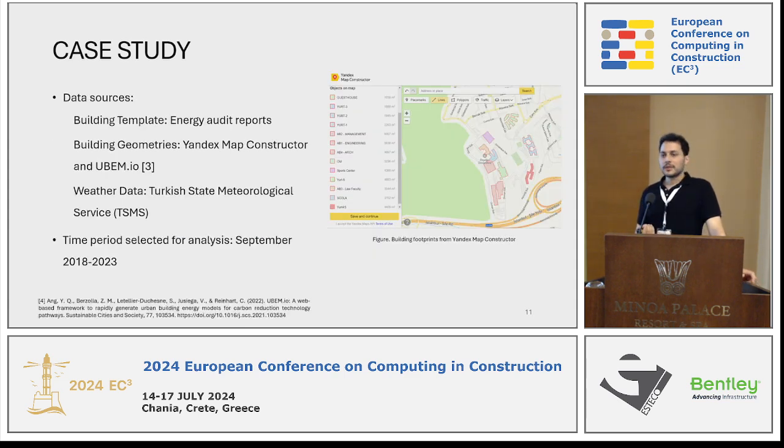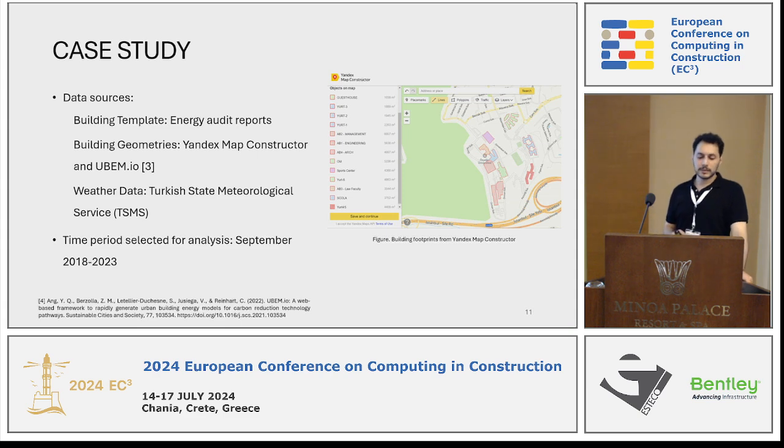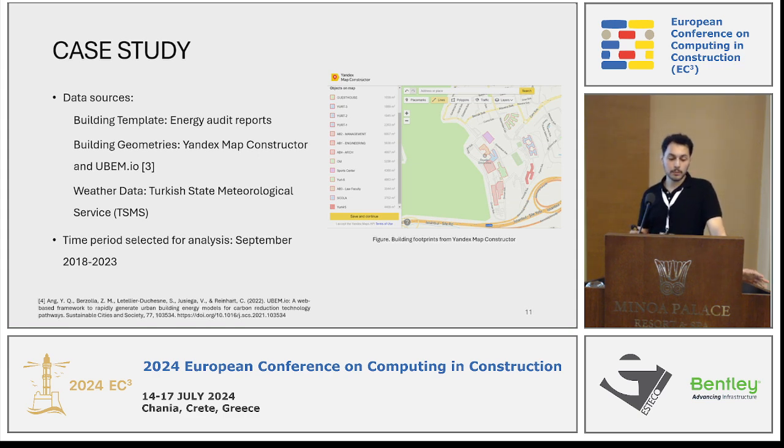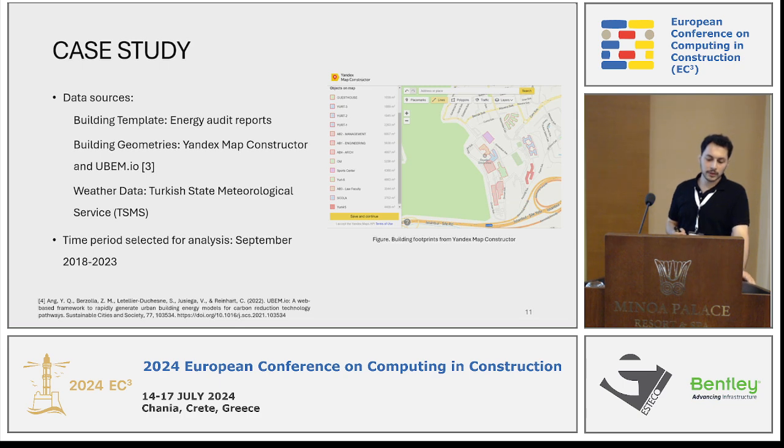We utilize different data sources, for example, energy audit reports for characterizing the building templates, the Yandex Map Constructor and UBEM.io platform to derive the building geometries from building footprints, and also merge the building templates with the building geometries to create the final dynamic model. And finally, the Turkish State Meteorological Service to obtain the weather data.